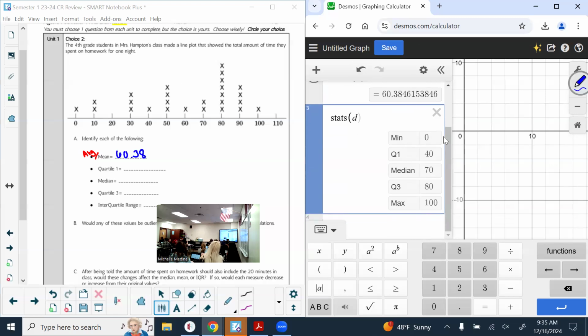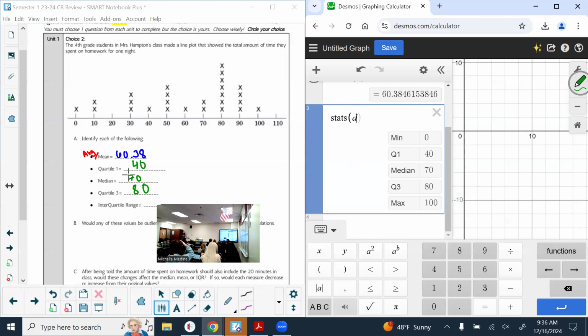And this is kind of easier than me reteaching it to you how to find your middle. Although it's not impossible, you could find your middle for your median. That's 70. And then Q1 is the middle of your lower half of data, and Q3 is the middle of your upper half of data, which you can also find with your calculator.